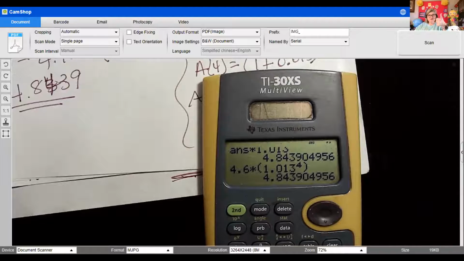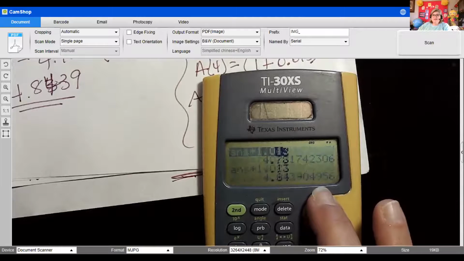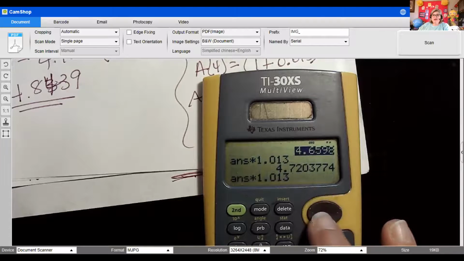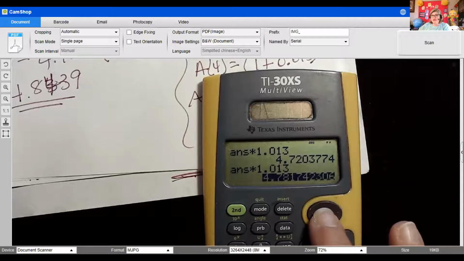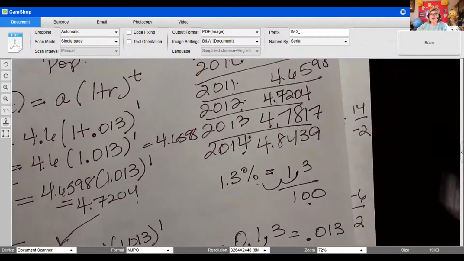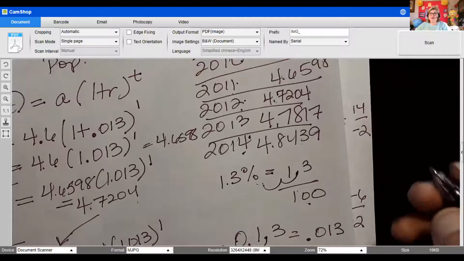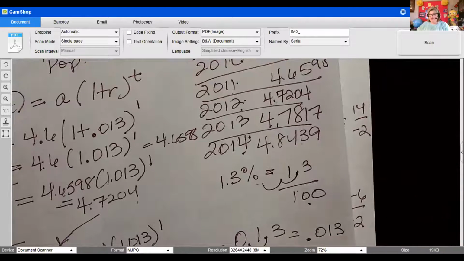So check, we match. And that's one of the reasons why I said make sure when we were doing all of those step by steps to leave those answers in your calculator, because otherwise, if you only pulled out what we wrote down in our table, then you're going to have some rounding errors. So be aware of that, and don't fret.